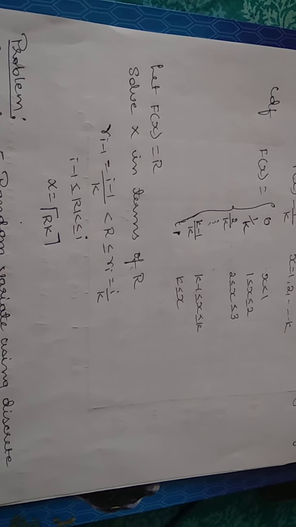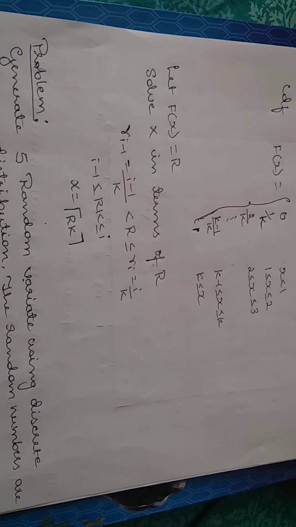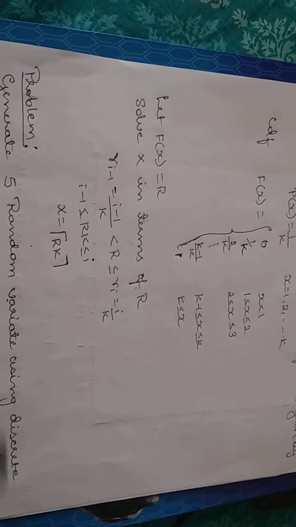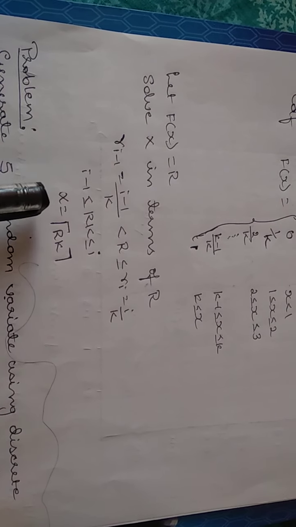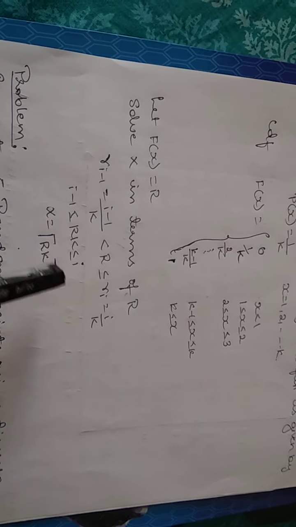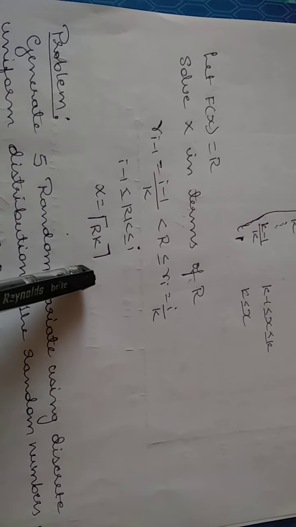So we are just solving for x now, so I'll take i minus 1 less than or equal to rk less than or equal to i. So you'll get x is equal to the ceiling function of rk. This is the standard formula for discrete uniform distribution. We have solved the problem for continuous uniform distribution, that is different. Discrete uniform distribution is different.